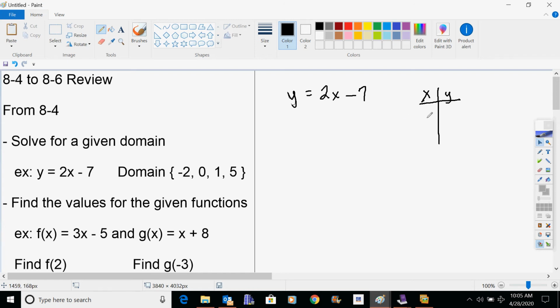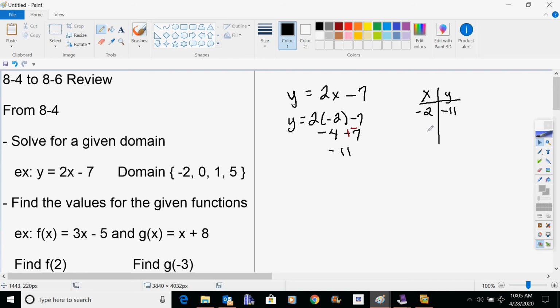So for example, the first one, x is negative 2. So we would have y equals 2 times negative 2 minus 7. So negative 4 minus 7. Keep change. Negative 11.